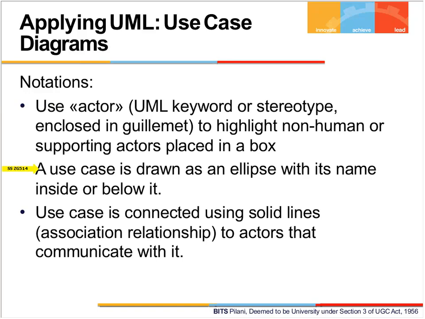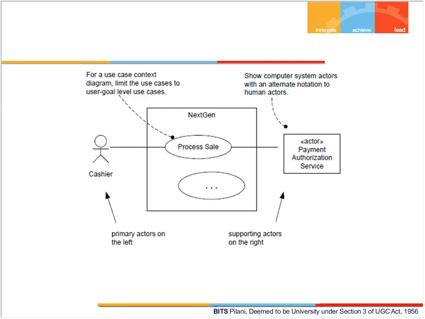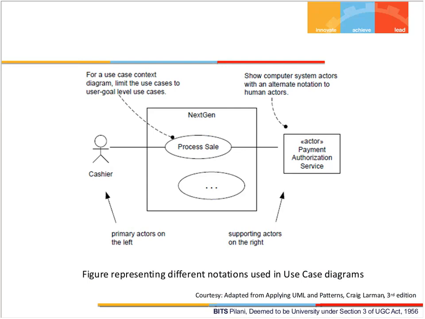Then your use case is drawn using an ellipse with its name inside, and the use case is connected using solid lines to actors that communicate with it, right? So a use case is represented with solid lines to the actors.